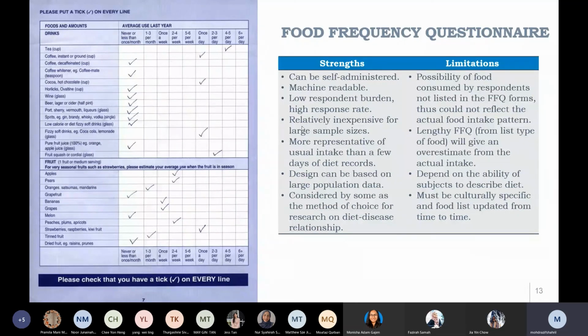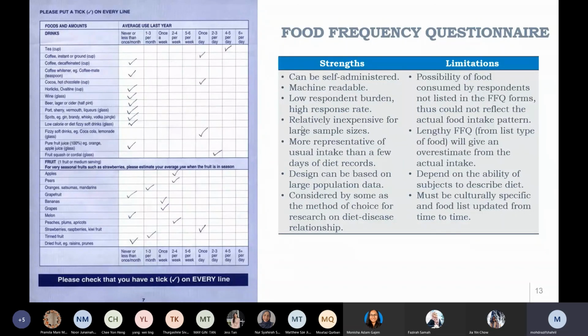We tend to have stocks of certain foods more during certain periods of time. So it actually depends on the ability of the subjects to describe the diet, to just estimate, not accurately recall what they have eaten.